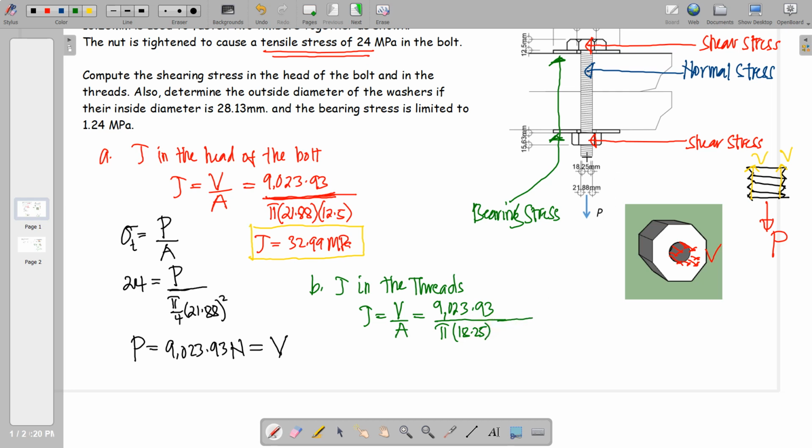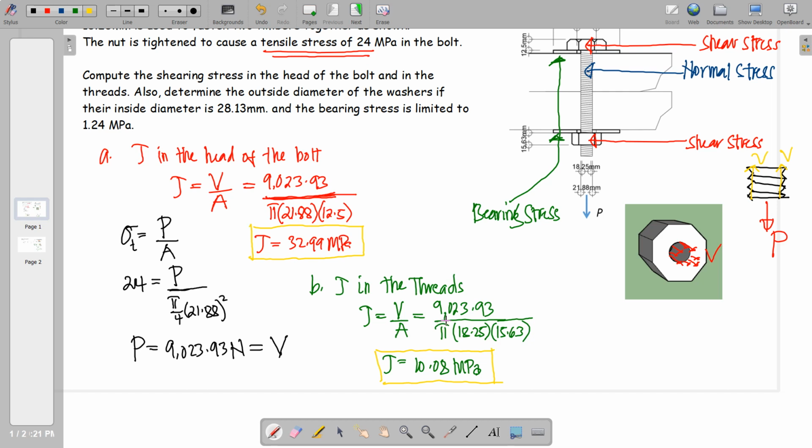By the way, 18.25 is the diameter at the root of the thread, times 15.63 millimeter, or the thickness of the nut itself. So here we have 10.08 megapascal. So it is the second unknown in the problem.